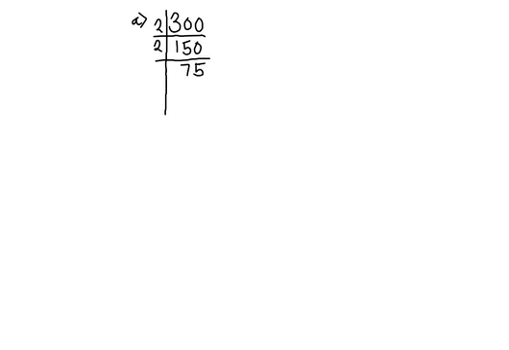And because 75 cannot be divided by 2, we go to the next prime factor, which is 3, which will give us 25. Again, 25 cannot be divided by 3, so we go to the next prime factor, which is 5, and this will give us 5. We divide by 5 and we have 1.